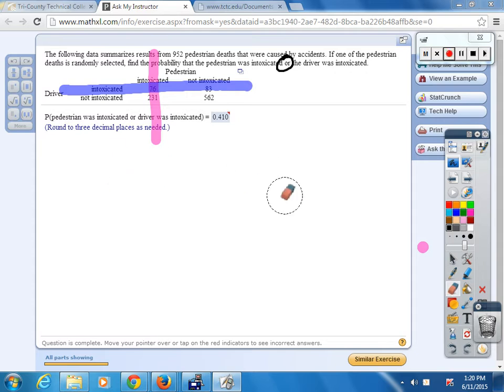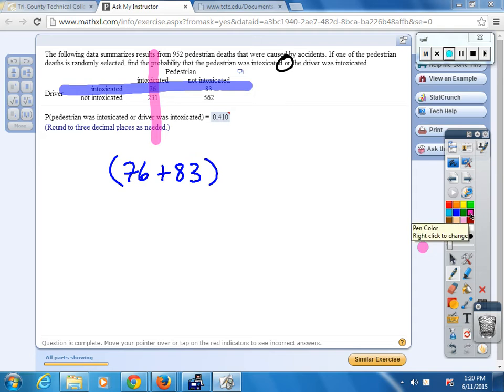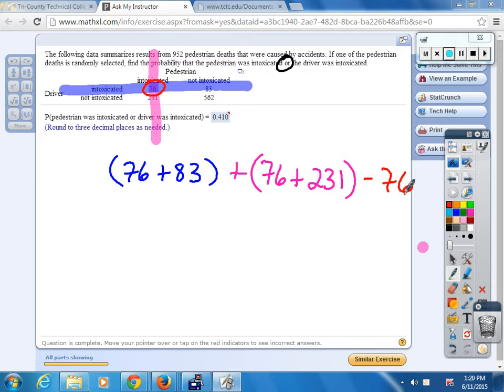Wrong colors. Trying to do colors for y'all, and I can't even read them myself. 76 plus 83, and magenta is 76 plus 231, and then we're going to subtract the overlap, which is 76. And all that is over the denominator, which is 952.